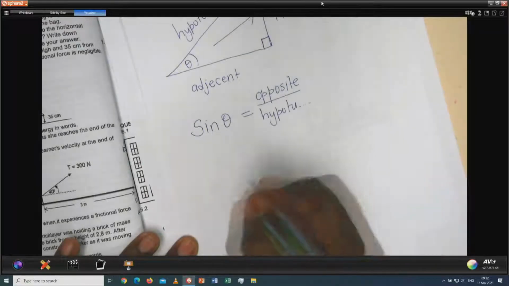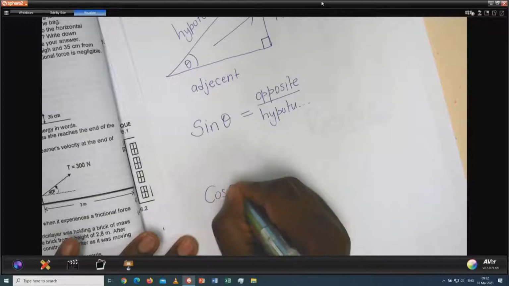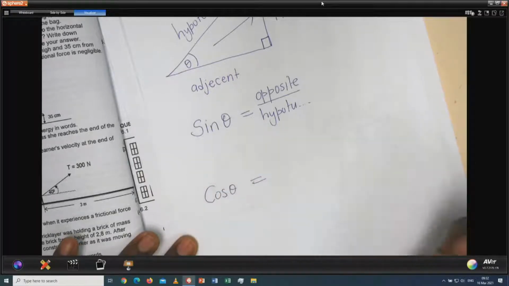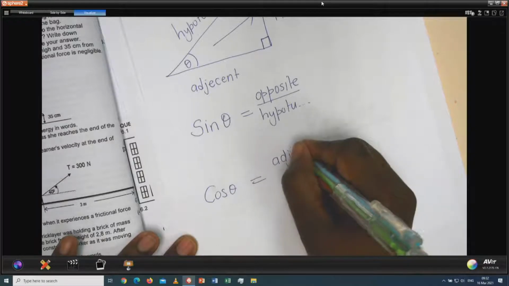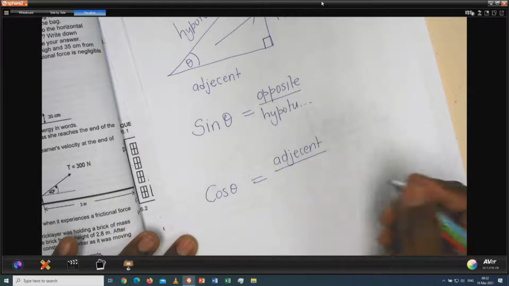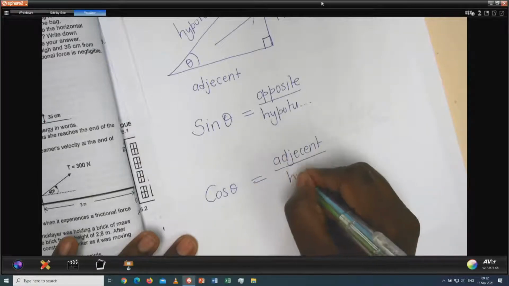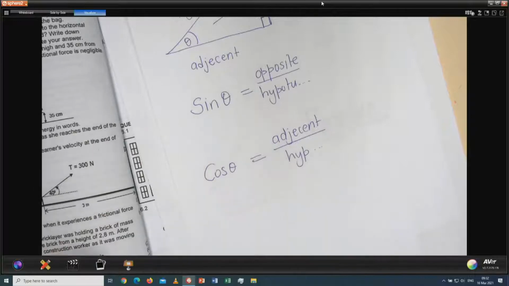And then cos theta is equal to adjacent over hypotenuse.